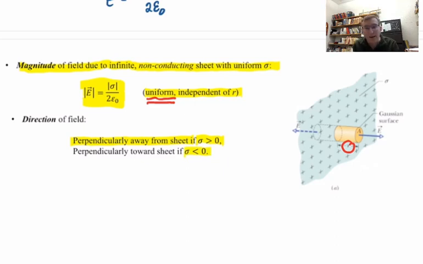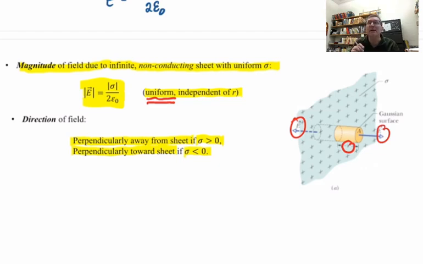The picture doesn't show that, but you could. Then the electric field would point perpendicularly toward the sheet. Just take each one of these E vectors and reverse their direction. Okay, that's what we want to remember for this section. Now let's just do a little applying of it, okay? All right, I want to apply it to a very important special case.